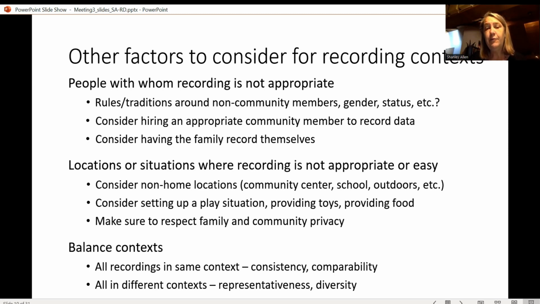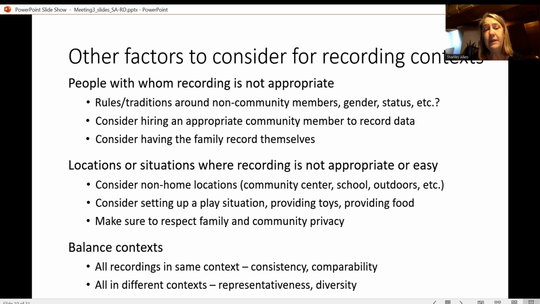If it's difficult to create an interactional situation naturally, you could consider setting up a play situation by maybe providing toys or providing food, to help the child open up and to help create more interaction. And obviously, you want to make sure to respect the privacy of the family and of the community by not recording in any situations that might be compromising.